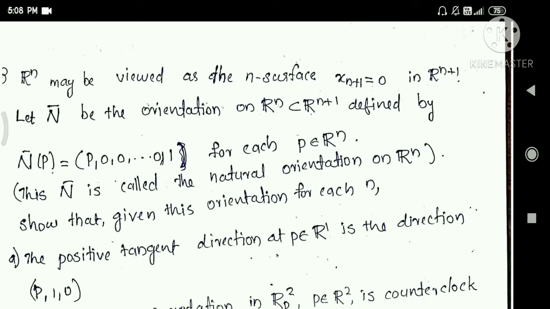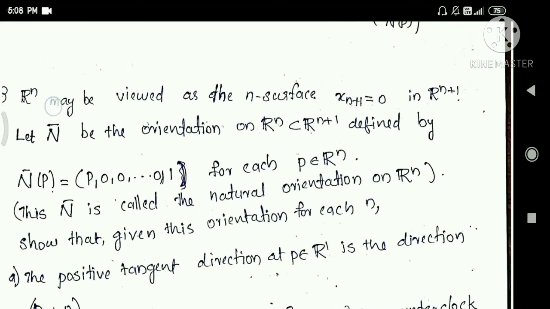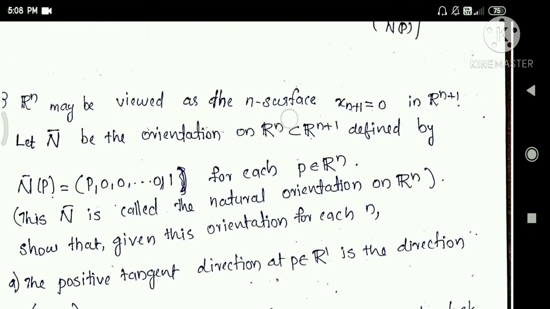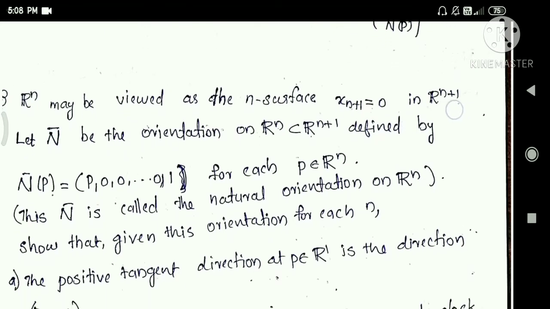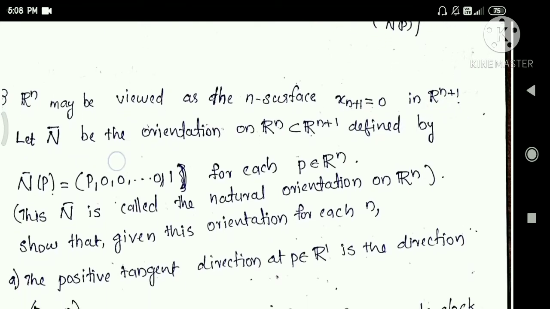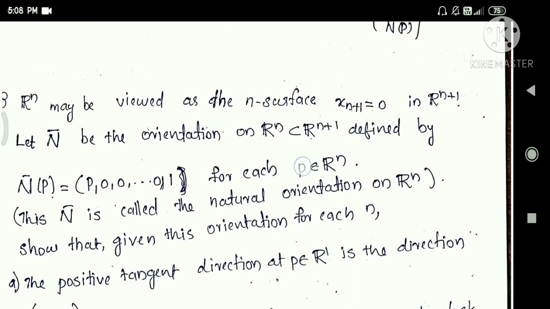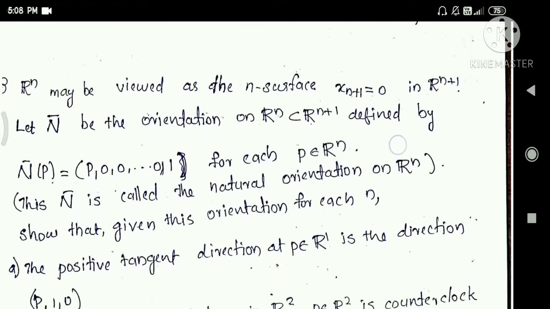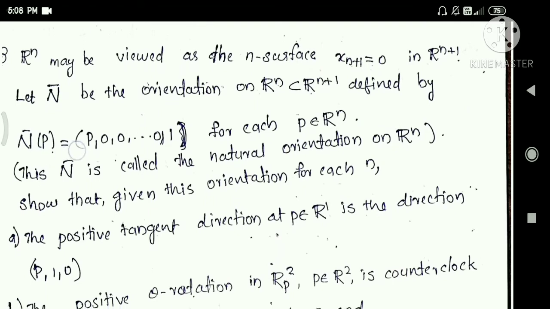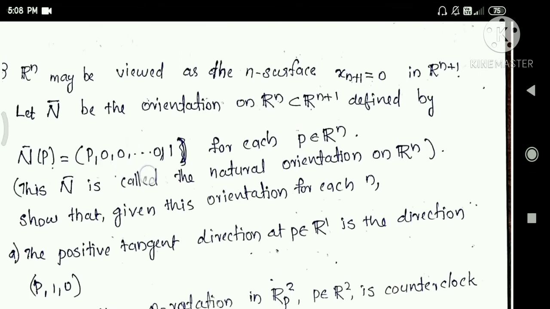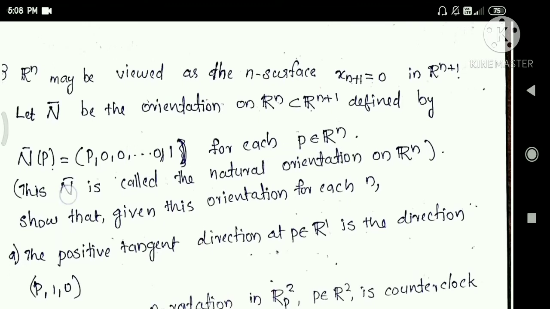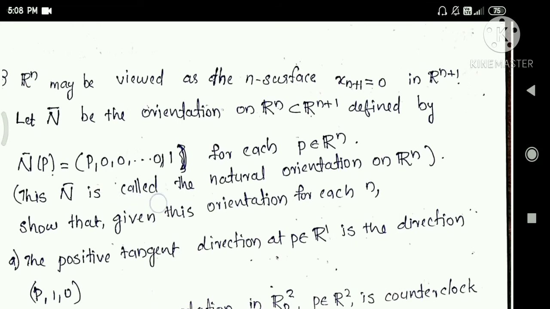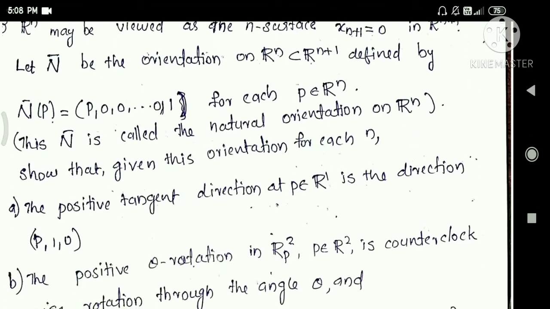Next, consider this question. Rn may be viewed as the n-surface xn plus 1 equal to 0 in Rn plus 1, and let N be the orientation on Rn, which is a subset of Rn plus 1, defined by N of p equal to p 0 0 etc 0 1 for each p belonging to Rn. This orientation is called the natural orientation on Rn.